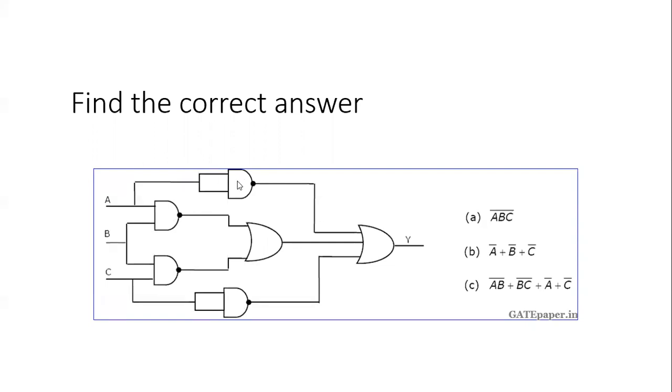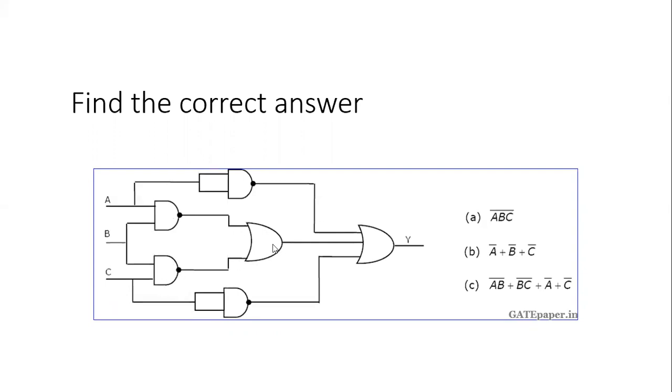Then this A bar and this C bar are going to the OR gate. Remember the symbols: these all indicate the NAND gates and this indicates the OR gates. Then here, this AB bar and BC bar are coming to the OR gate.